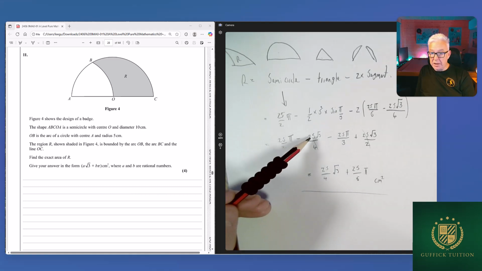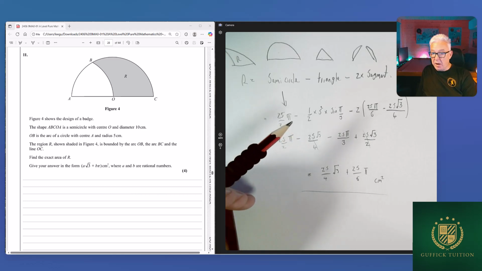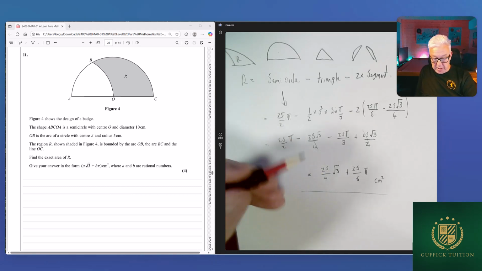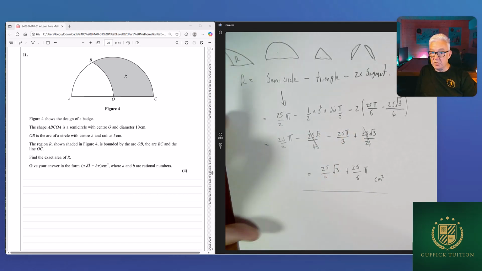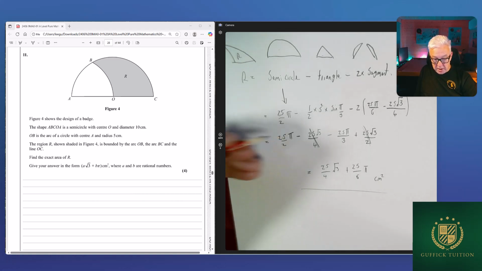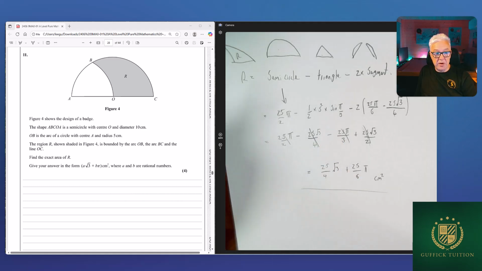So we've got minus 25 over 4 add 25 over 2, and a half take away a quarter is a quarter. So that is going to be 25 over 4 root 3 when we collect like terms with those two. And then when we do 25 over 2 minus 25 over 3, that gives us 25 over 6. So combine those two and we've got our answer there in the required form.